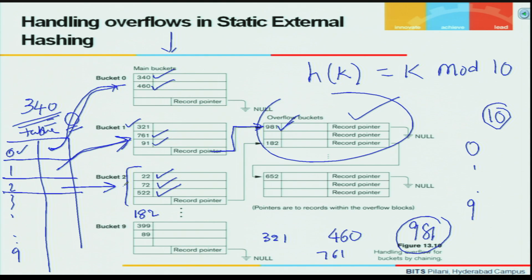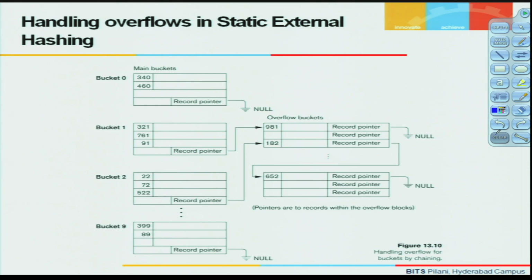Now what should I do? Again take an overflow pointer, which is a record pointer pointing to a location in some overflow bucket. This pointer will take you to the location where I can insert the overflowing record, with key value 182, in the overflow bucket. One important point to note is that an overflow bucket can accommodate records overflowing from multiple, different buckets.